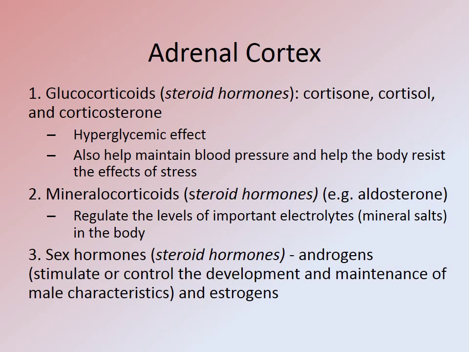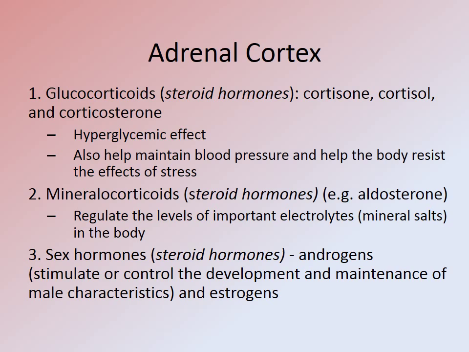There are different types of glucocorticoids, like cortisone, cortisol, and corticosterone. They have hyperglycemic effects, and they also help maintain blood pressure and help the body resist the effects of stress. Mineralocorticoids, an example of which is aldosterone, regulate the levels of important electrolytes, which are just mineral salts in our body.